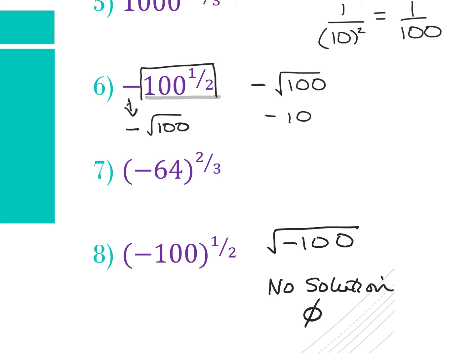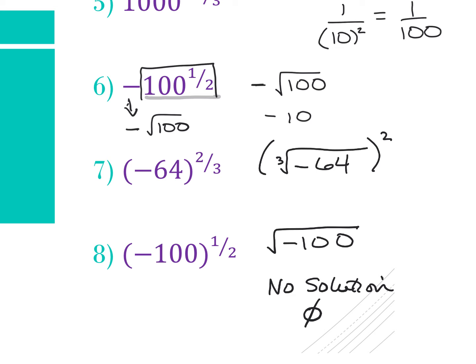Now we can do number 7. You can find a cube root of a negative number, but you cannot find the square root of a negative number. So for number 7, again, the 3 is the root, so I'm going to put negative 64 under the radical. I'm finding the cubed root, and then I'm going to square the answer.